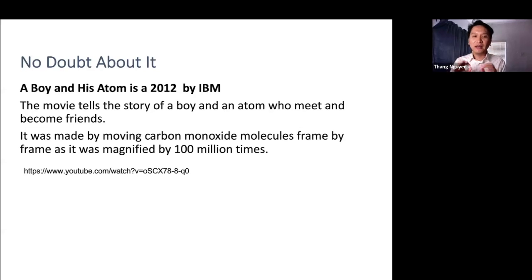Okay, so it was made by zooming in 100 million times to see carbon monoxide molecules. They move each carbon monoxide molecule, I'm sorry, molecules, not atoms, and then take a picture of it frame by frame, and then they animated it. So let's go to it and see a clip of it.